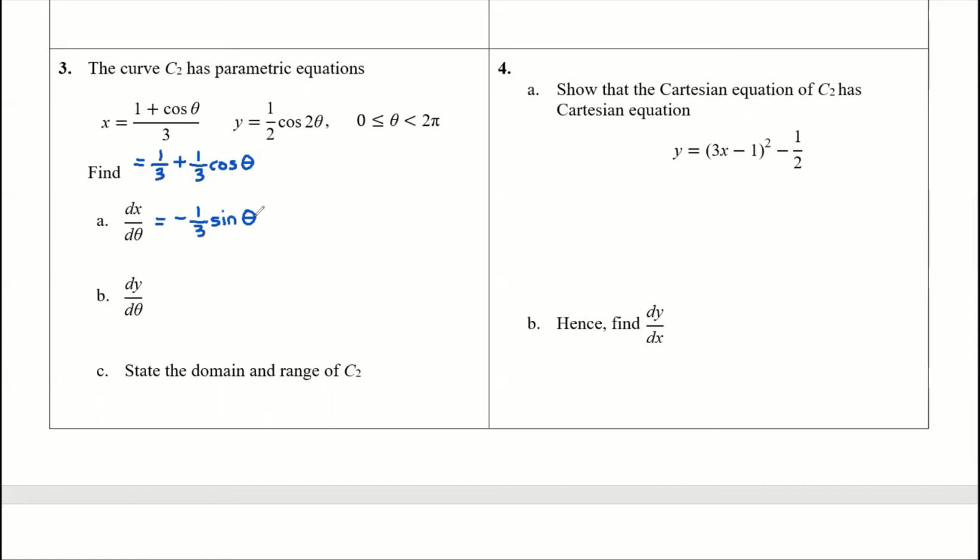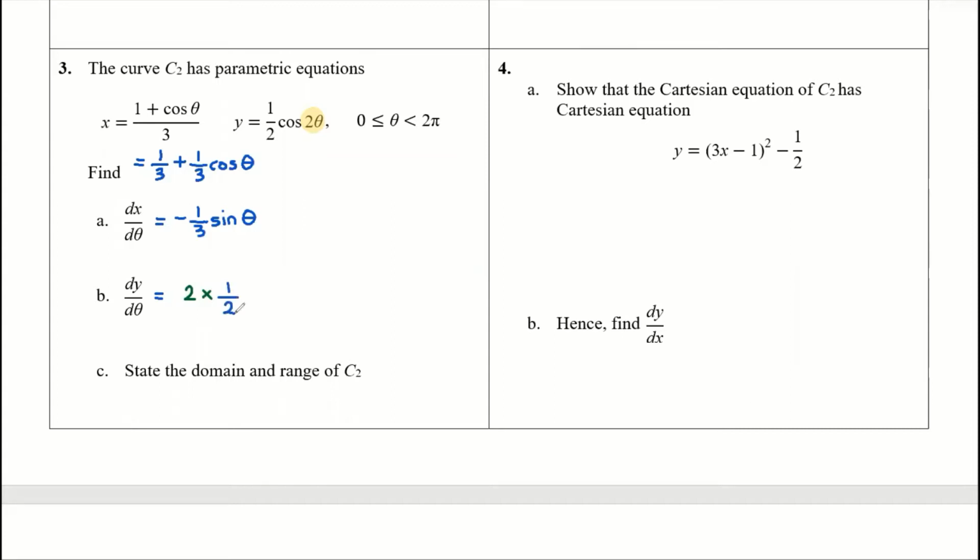For dy by d theta, it's cos 2 theta. Just be careful with this. Read the question really carefully. We now have cos 2 theta. So if we differentiate that, obviously the standard result means that the 2 inside that function is extracted. It becomes a multiplicative constant at the front. So that's going to become 2 multiplied by, I'm just going to build this up, 1/2.